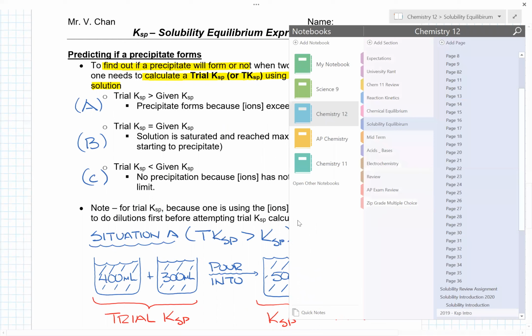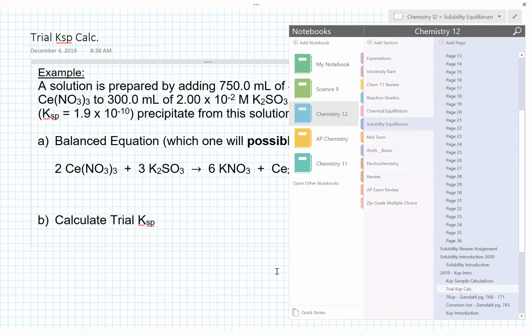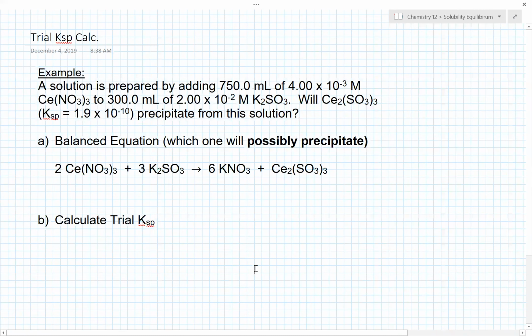Now, I want to give you a sample calculation. It says a solution is prepared by adding 750 mL of 4.0 times 10 to the negative 3 molarity cerium nitrate, and you add that to potassium sulfate. Will cerium sulfate precipitate from this solution?